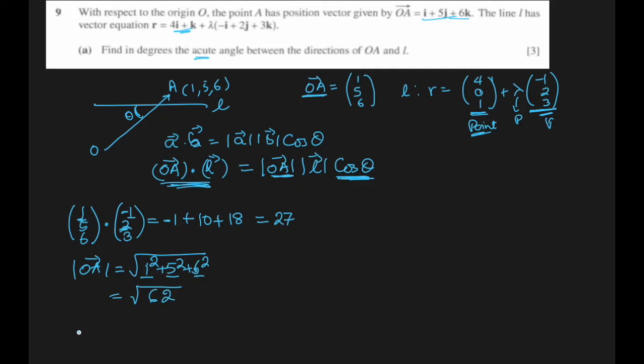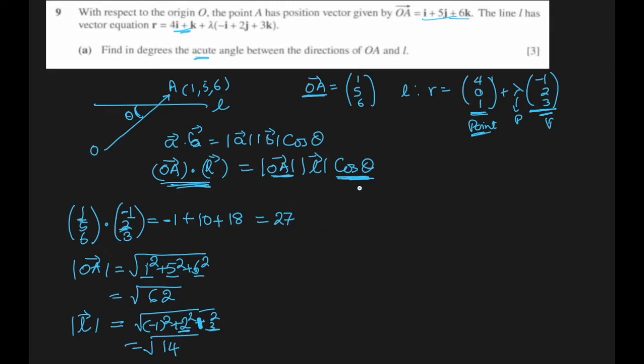Now we want the magnitude of the direction vector L. Okay. So it will be square root of negative 1 square plus 2 square plus 3 square, which is square root of 1 plus 4, 5 plus 9, 14.